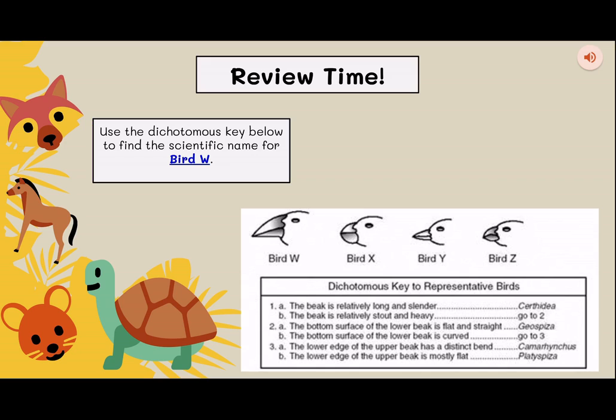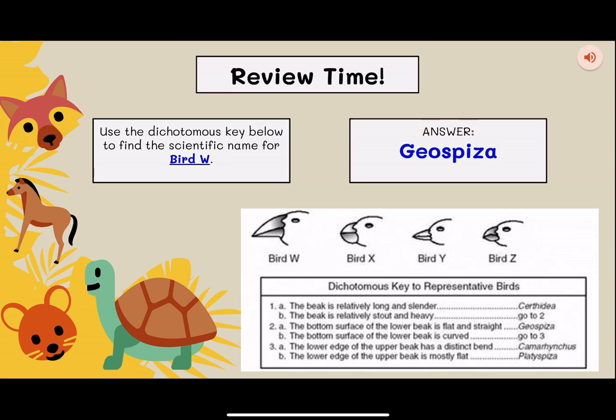Use the dichotomous key below to find the scientific name for bird W. If the bird you got is Geospiza, you are correct.